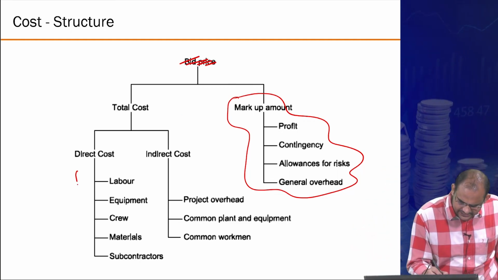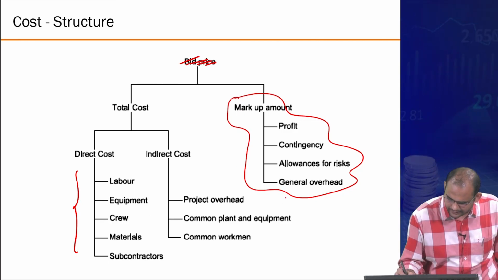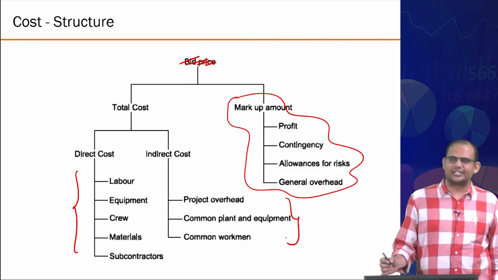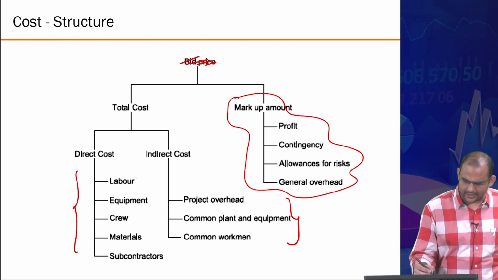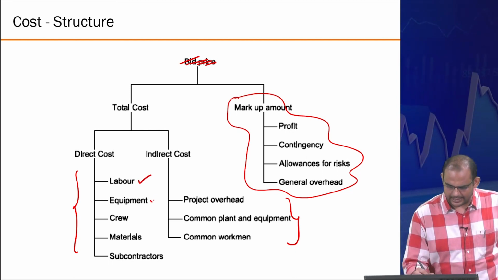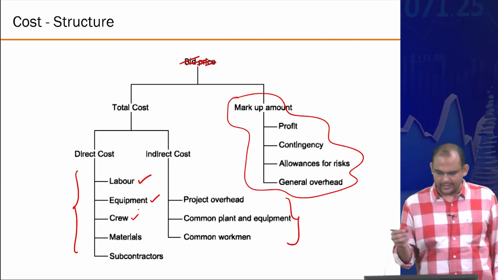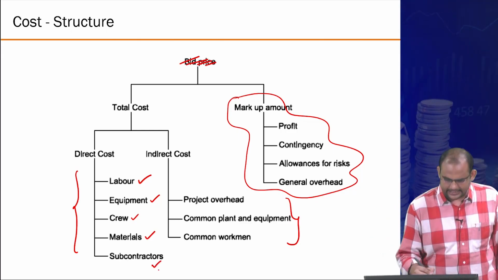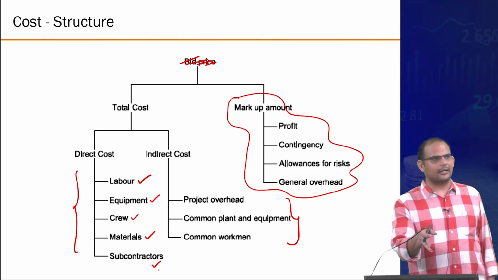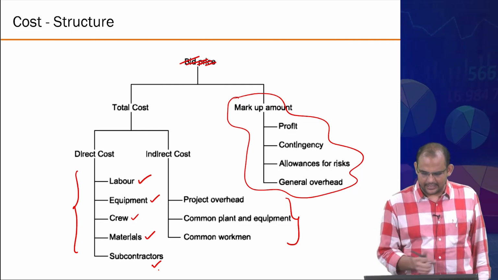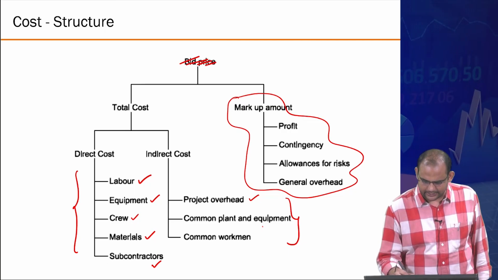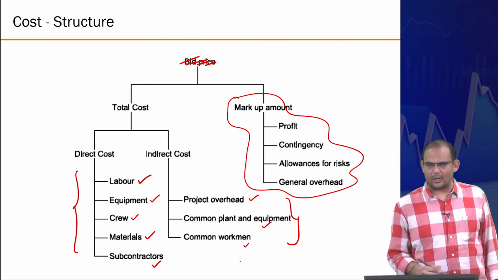And this is the general structure that you follow in any civil engineering project. The direct costs: the labor, the equipment crew which handles the specialized machinery, the materials, and any subcontractor cost. These are classified under direct heads. Then the project overhead: the common plant and equipment, and common workmen.